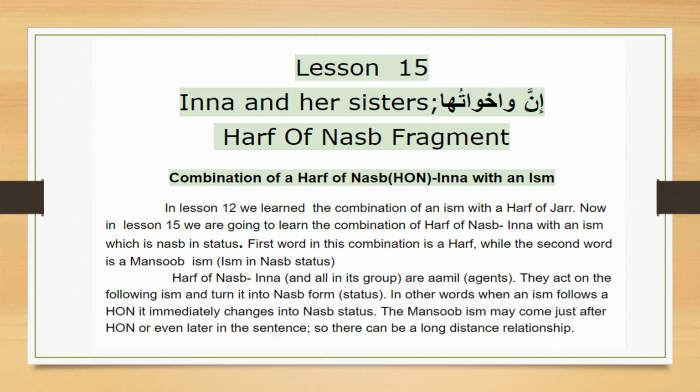We know that the original status of an ism outside any fragment or any jumla is always rafa. Originally, all ism are rafa. As soon as they are used in a sentence or in a fragment, according to the condition of the fragment or the role that ism is playing in the sentence, their status is changed within the jumla or within the fragment.